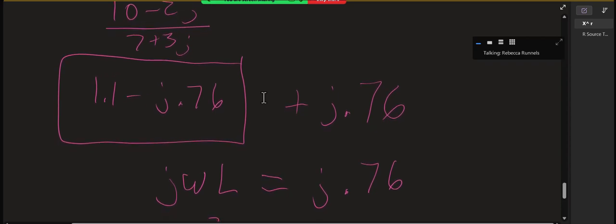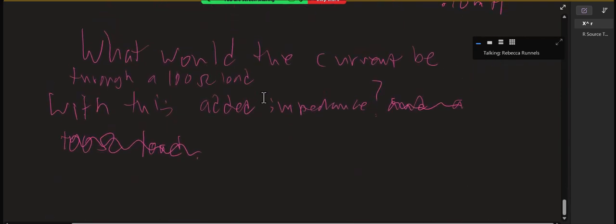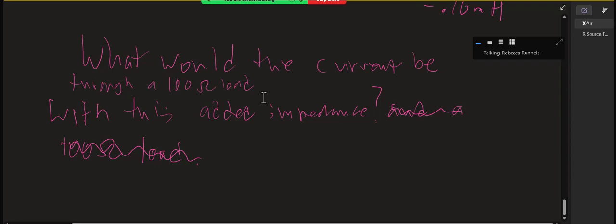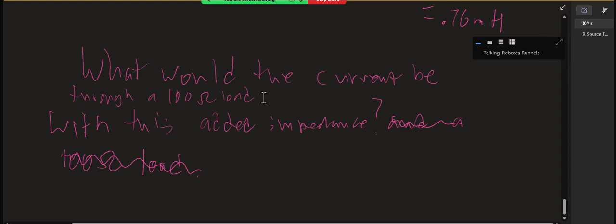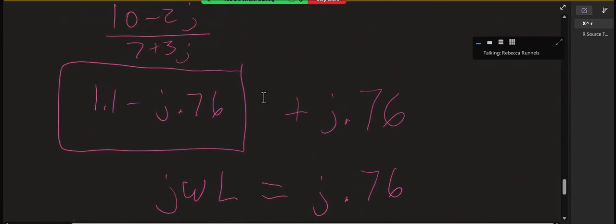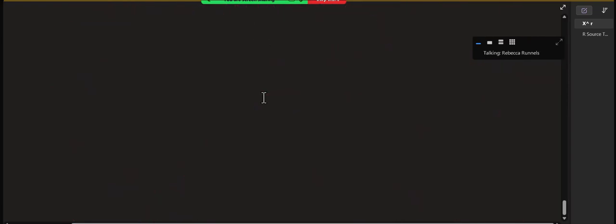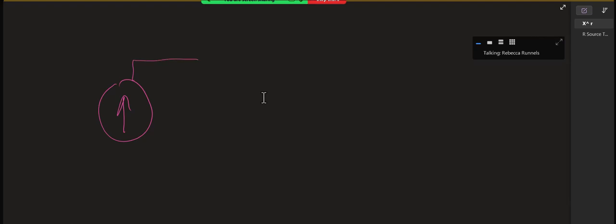Well, I guess, is it this with the missing components? So what would the current be through a 100 ohm load with this added impedance? Oh, that would be, then it would be 1.1. It would just be 1.1. So I could add together my two current sources that I just got from before, and I would have 1.1 and 100, and then I could do current division.